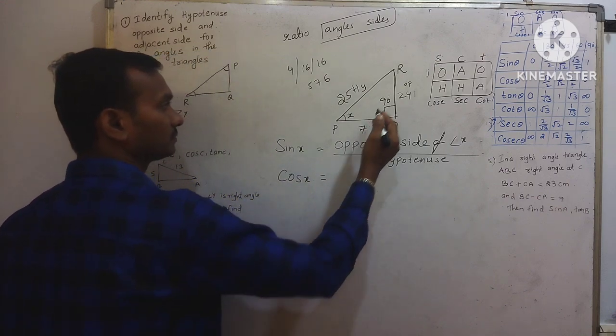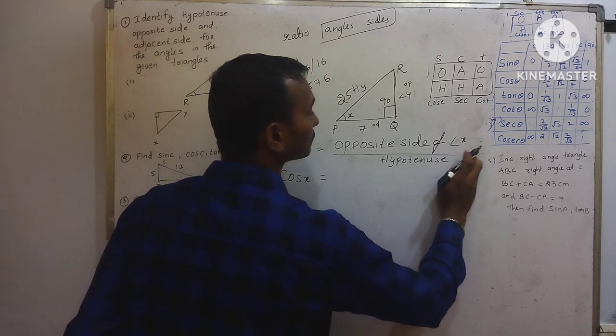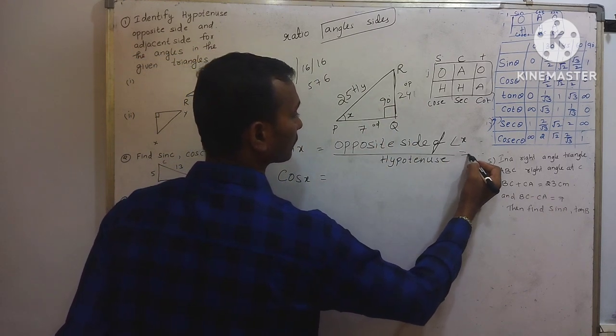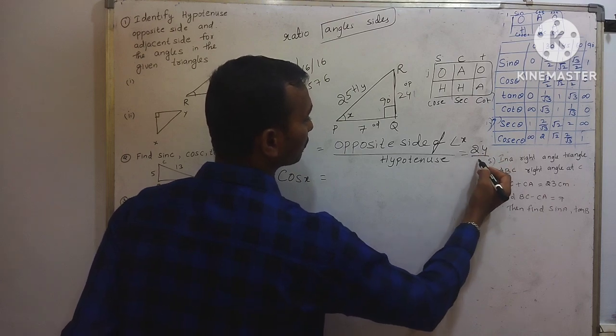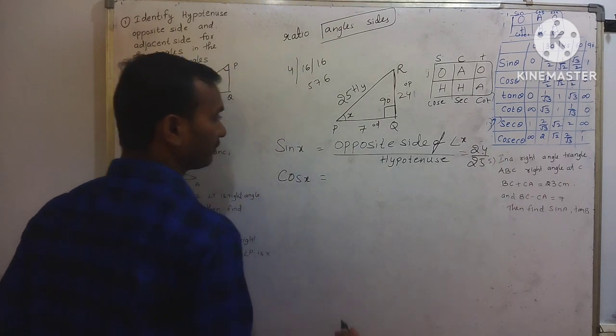What is the opposite side? 24. Hypotenuse will be 25. So sin x is 24 by 25.